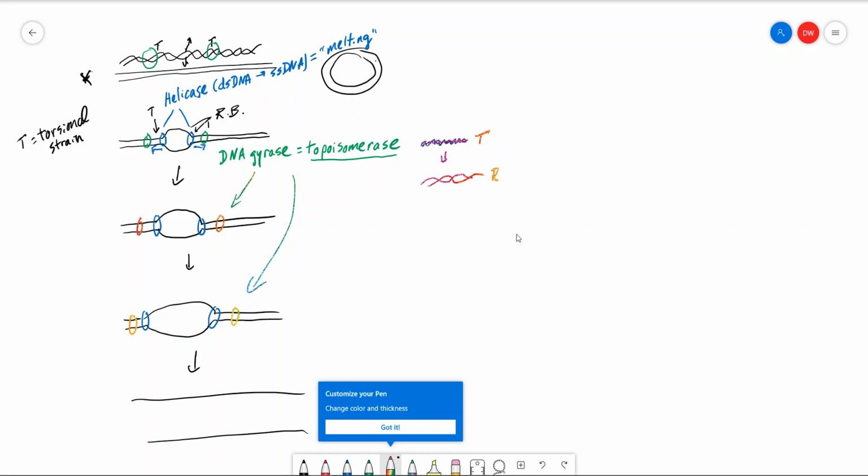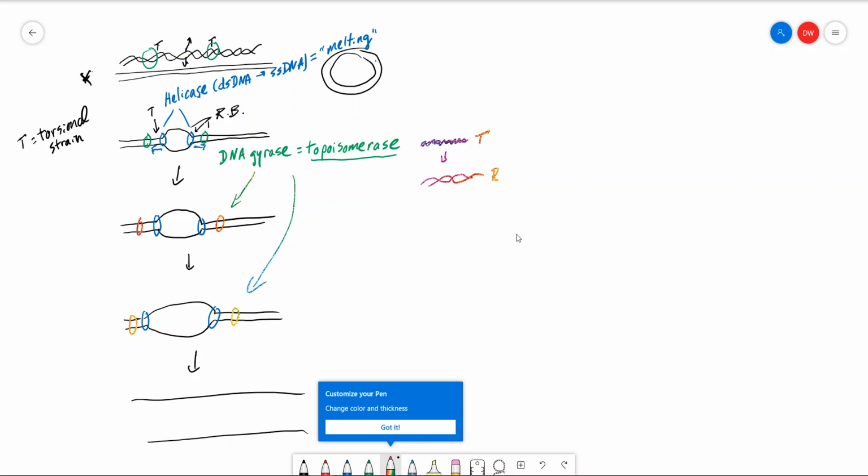Topology is a branch of mathematics that deals with structural features, like the structural details of a coffee cup, for example. Topologically, a coffee cup and a donut are the same structure because they each have a single hole in them, okay?